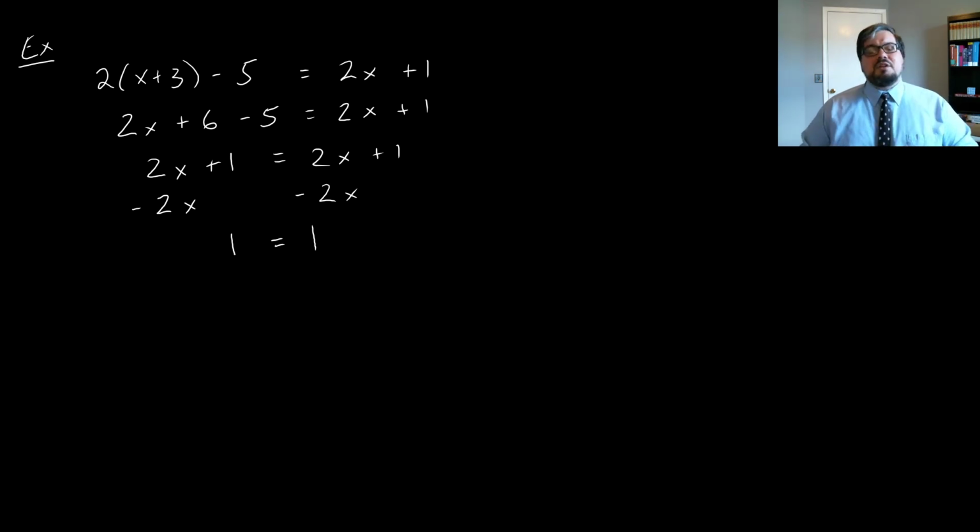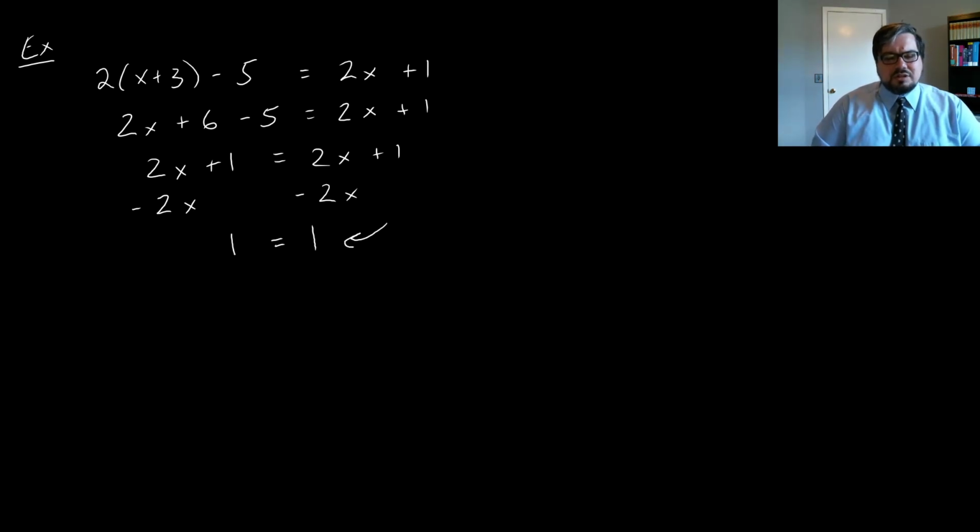Now the thing about an equation that just has numbers in it is that it's either always true or it's always false. It can't be conditional. An equation that only has numbers in it is either an identity or a contradiction, necessarily. Now, once we have an equation that looks like this, we can usually tell pretty easily which one it is.